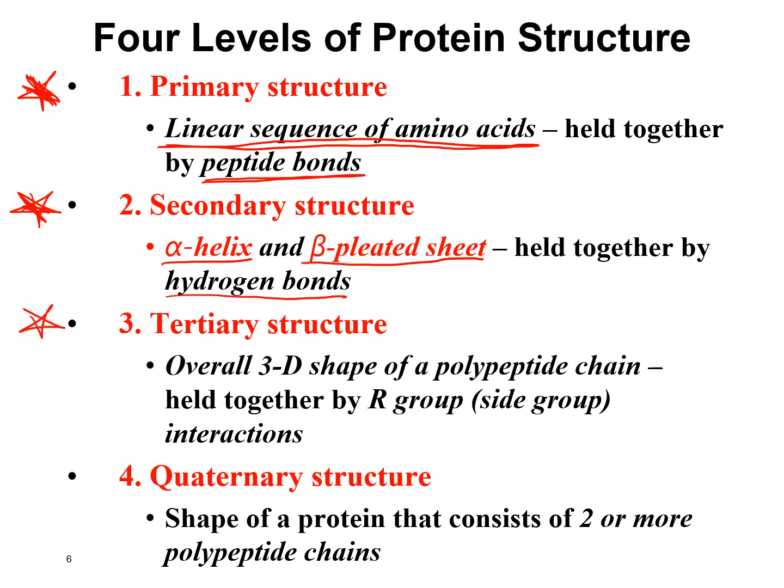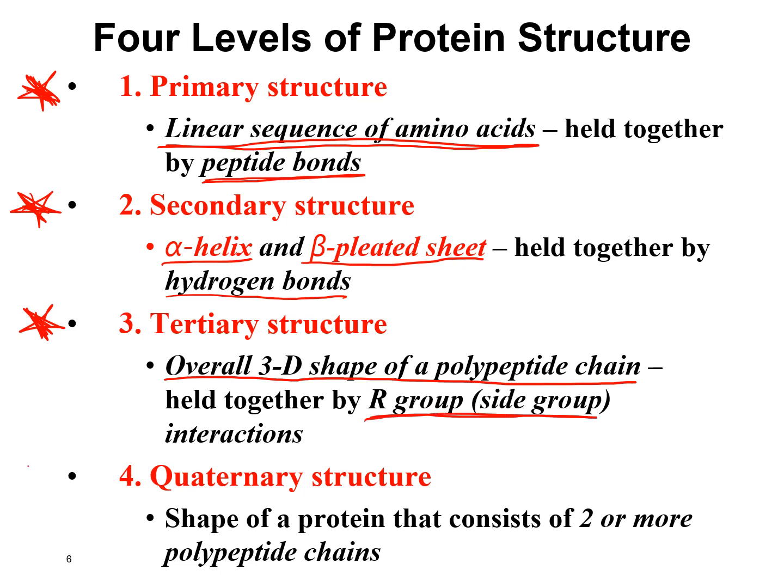And then the tertiary structure, we just take the alpha helices and beta pleated sheets and fold them even more. And the tertiary structure would just be the overall 3D shape of the polypeptide chain. And these are going to be held together by different chemical bonds between the R groups or side chains on the amino acids.